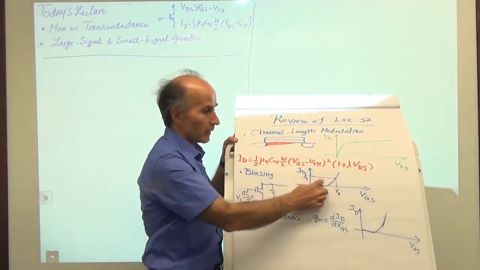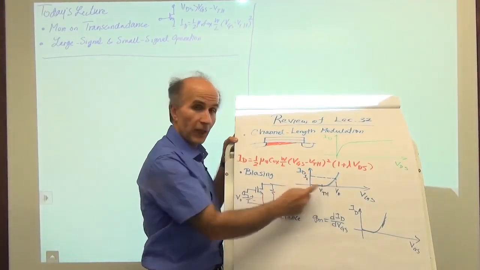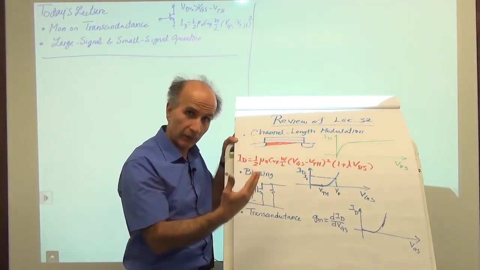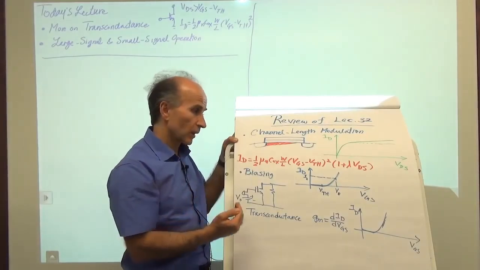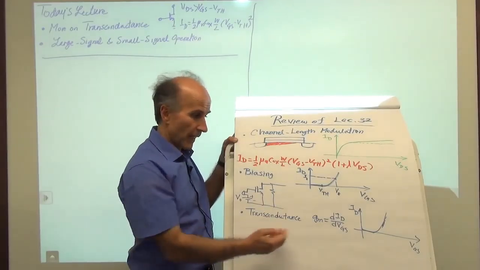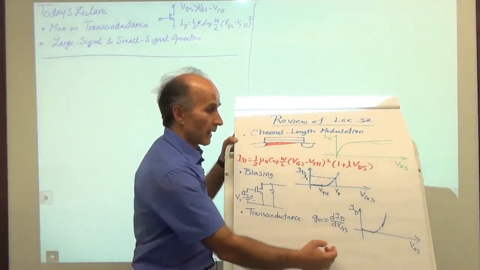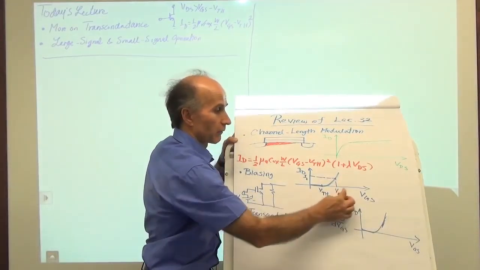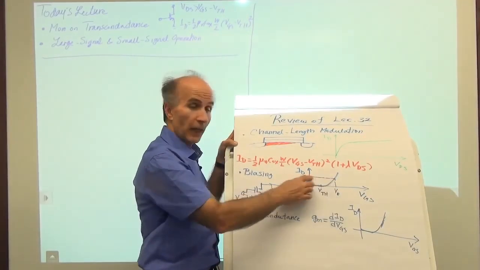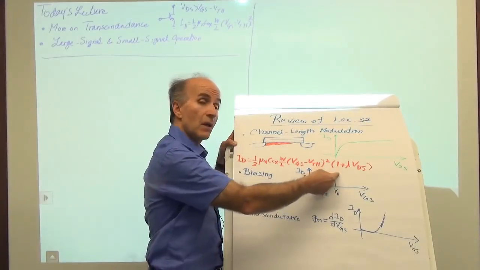So this brought us to the concept of how much current change we get for a given voltage change. That's what we might consider the strength of the device as a voltage to current converter. So we defined the slope to be the transconductance of the device as a measure of its strength. What we expect is that if we bias the device at a higher VGS, in the absence of a signal, which means we also have a higher current, then the transconductance is higher, because this is a nonlinear equation.